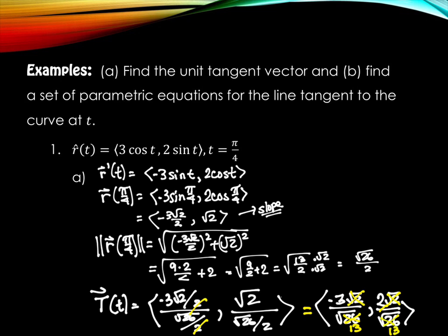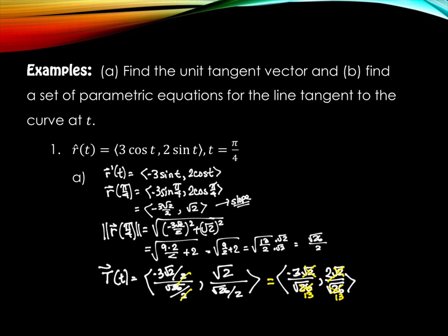Now the 13's are still underneath the radicals. And once again, I'm out of space. Now we're going to rationalize. All right, so we have negative 3 square root 13 over 13 and 2 square root 13 over 13.